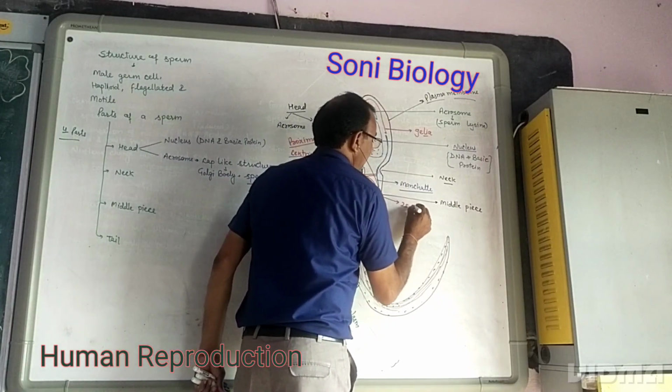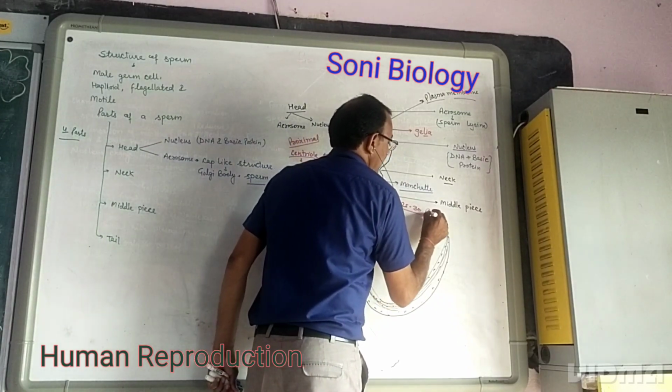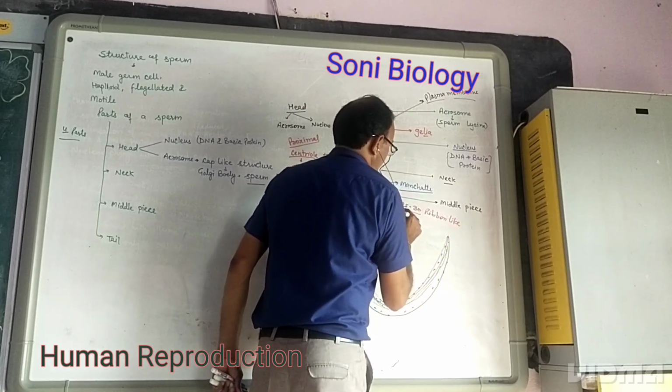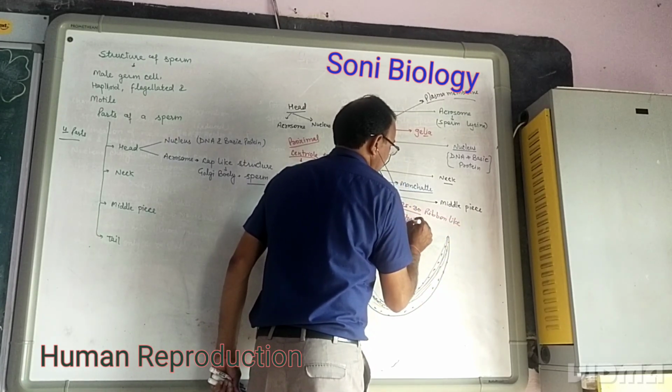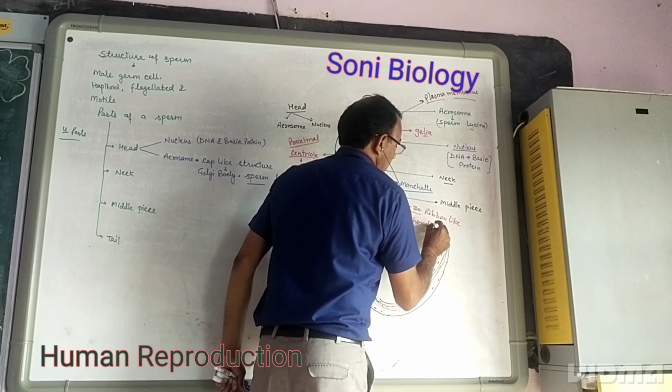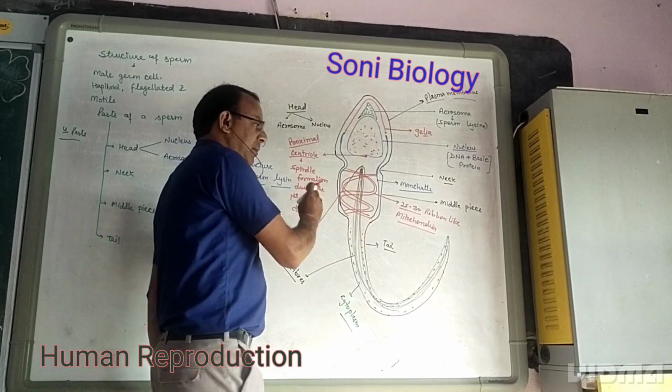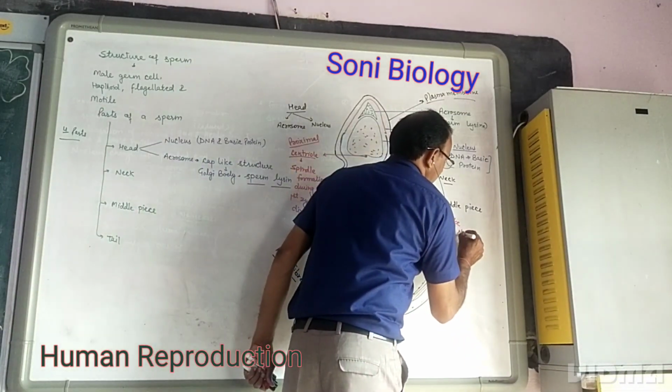There are 25 to 30 ribbon-like mitochondria present in the middle piece. And the ribbon-like or spiral-shaped mitochondria is known as Nebenkern.